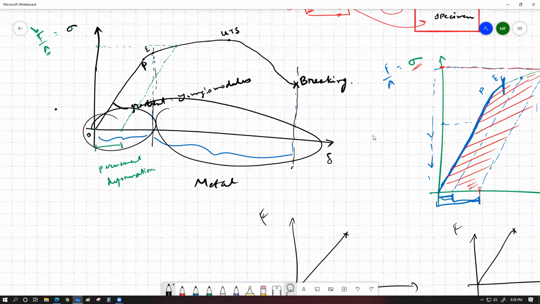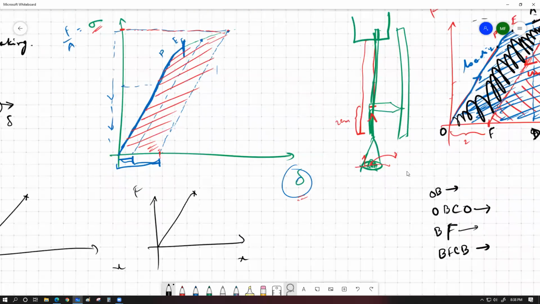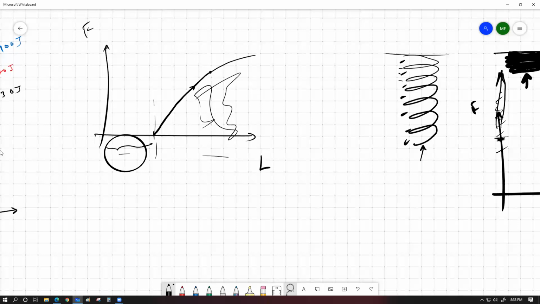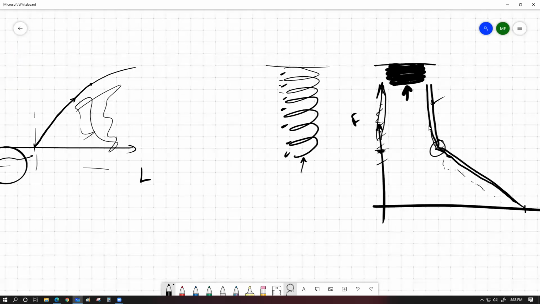Sir, just one more question, sir. Sure. Sir, you showed that graph when we compress the spring. Is it a perfectly straight line parallel to the force axis, or is it an exponential curve, sir? Well, ideally, it's supposed to be an exponential curve, because if you start to compress the object from this point further, it is going to start to behave like a solid object.